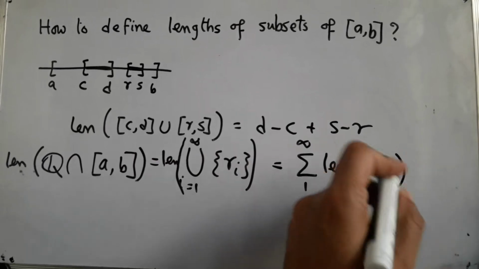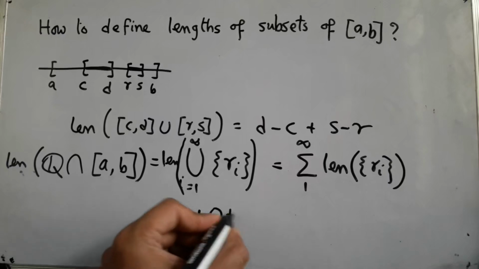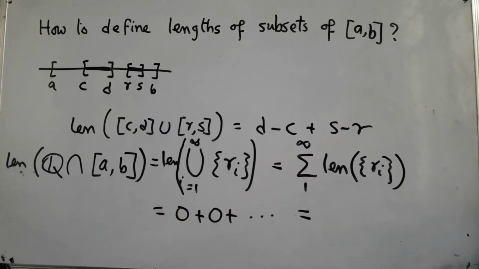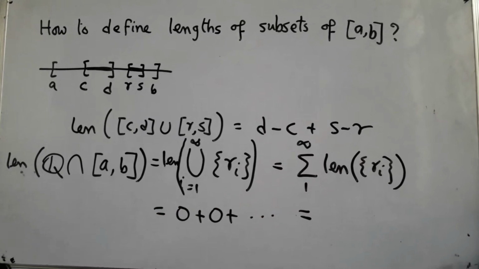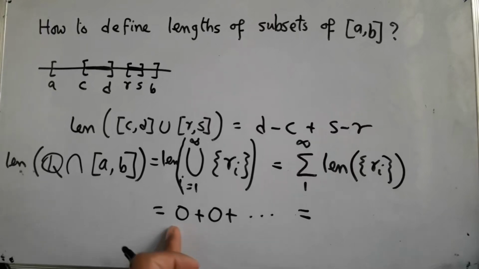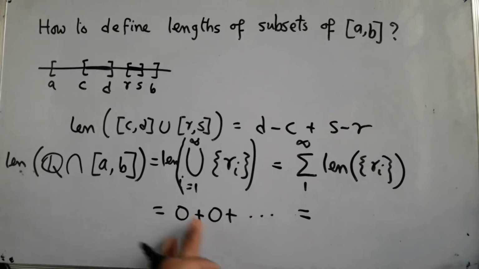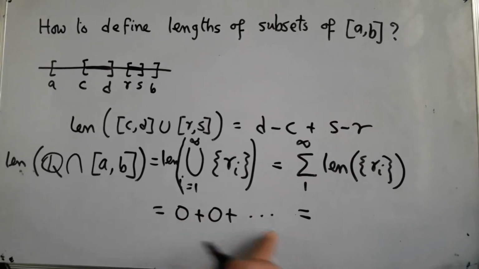Now these are all zeros, so it is basically 0 plus 0 dot dot dot. Now you might be tempted to say, oh, that is undefined because there are infinitely many zeros, so it is 0 times infinity. But no, we know how to add infinite series. We just take the partial sums and take the limit.